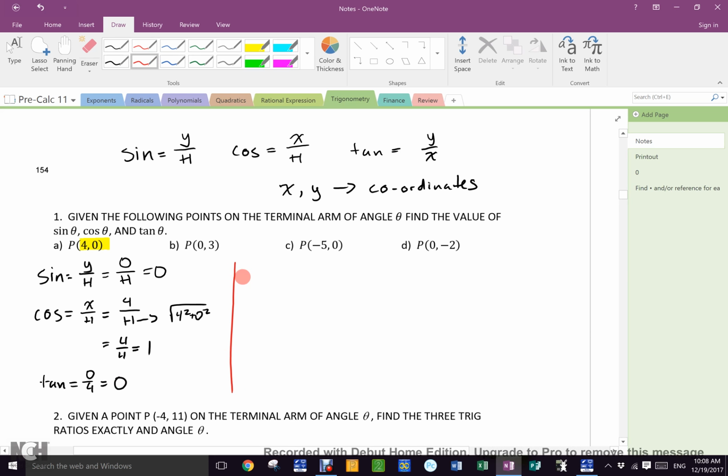Do that 4 times. What is the h for b? H equals 3. So what is my sine, cos, and tan for b?